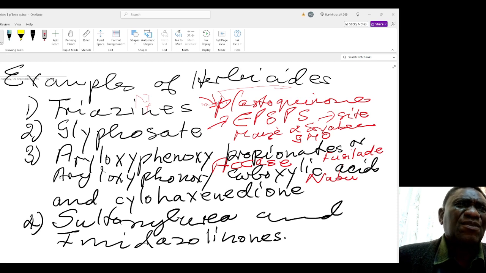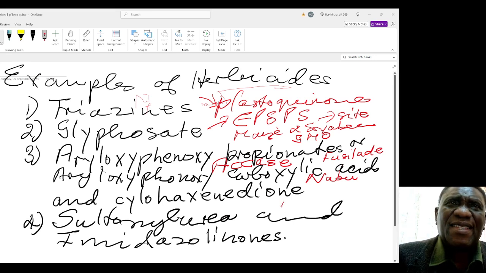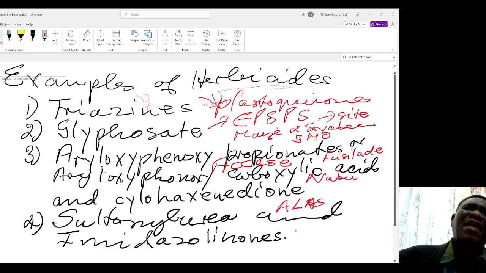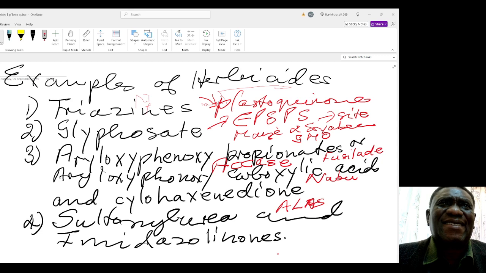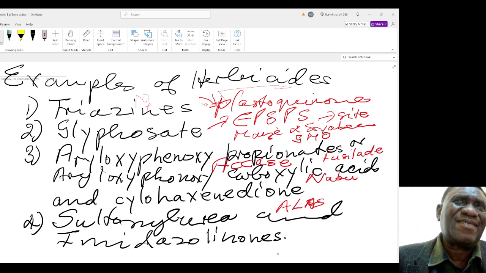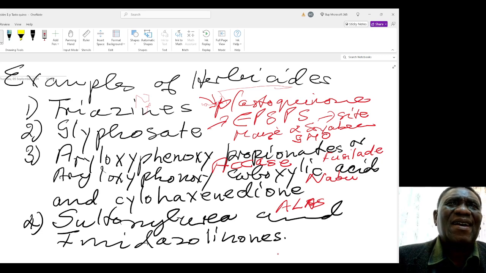Now, if we come to sulfonylurea and imidazolinones, I think they have this enzyme, acetolactate synthase enzyme.